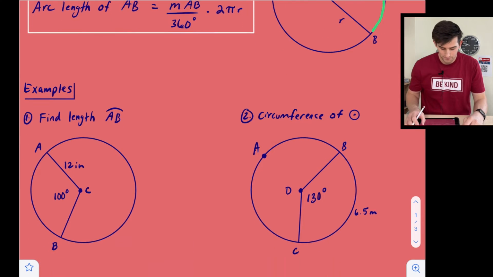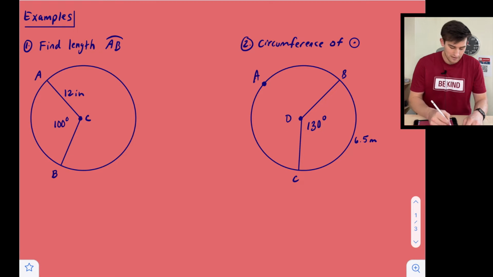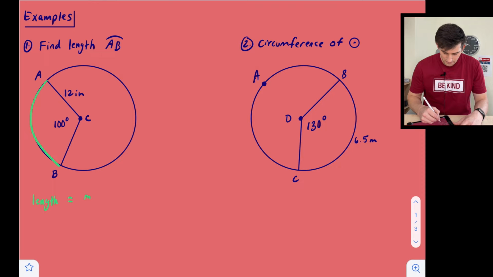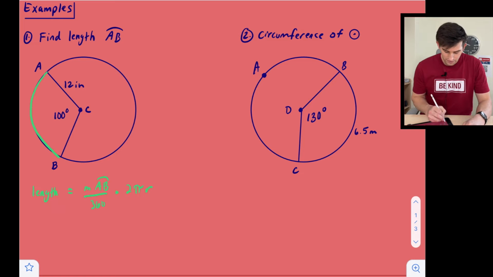For our first example, we're going to find the length of arc AB. This is our arc right here. The length of the arc is equal to the measure of our arc divided by 360 times 2 pi r. Now we're just going to fill in the information given in our diagram and use our calculator to solve.